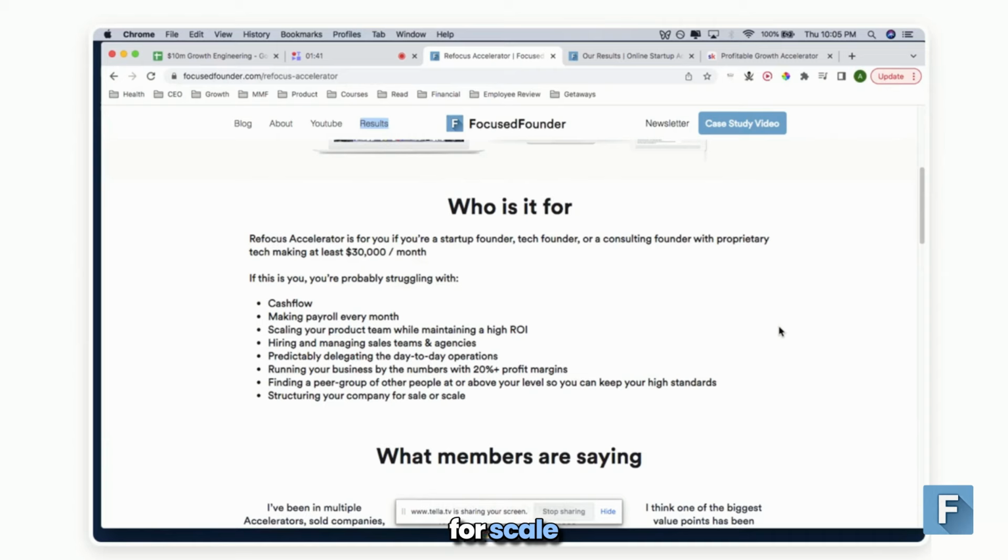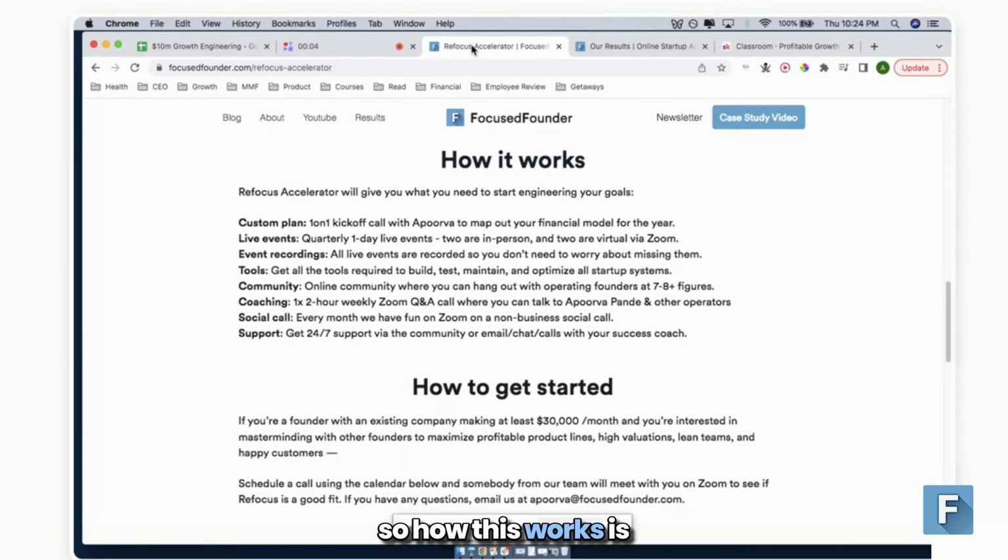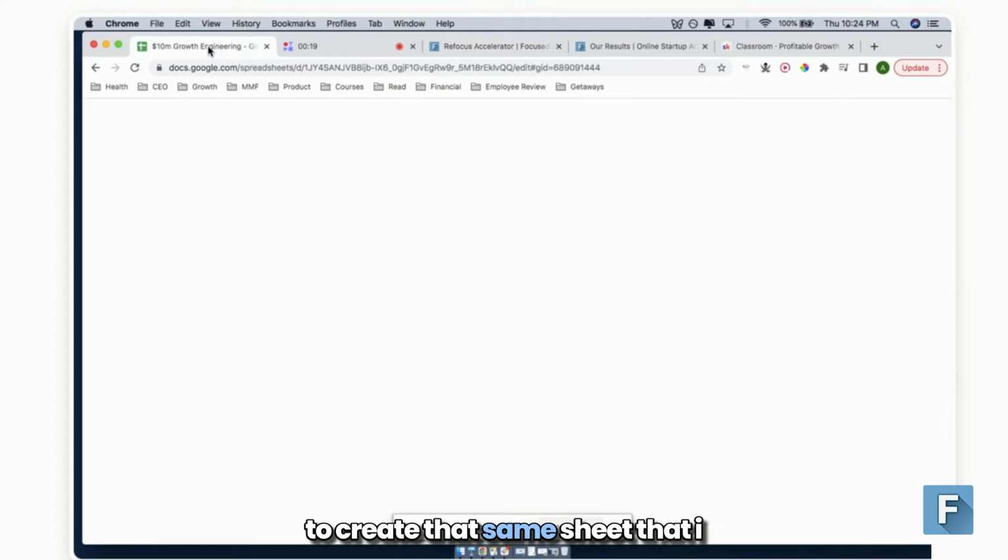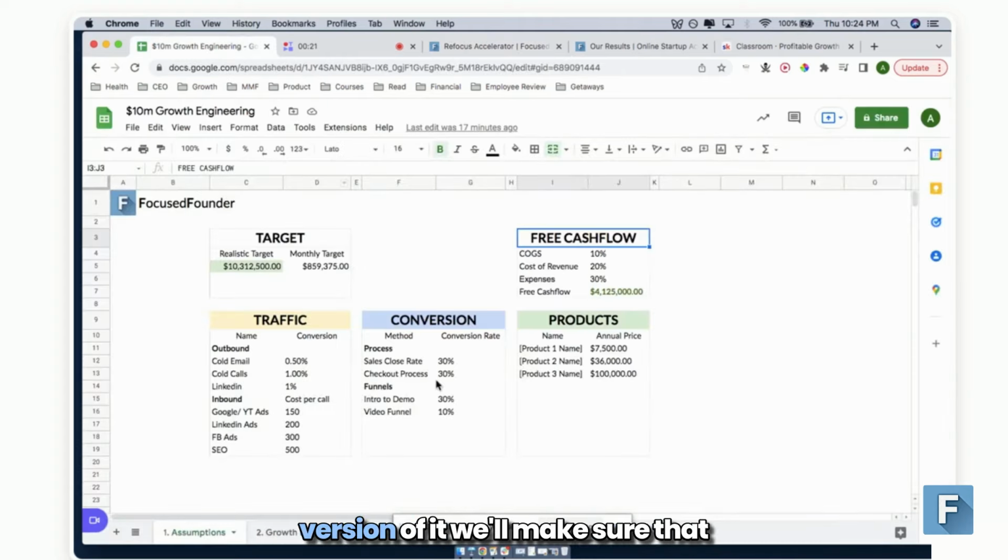So how this works is, this accelerator is going to give you exactly what you need to start engineering your goals. First, after you sign up, we're going to do a custom plan with a one-on-one kickoff call with you and me, and we're going to map out your financial model for the year. We're going to create that same sheet that I mentioned, but you'll get a much cleaner version of it.